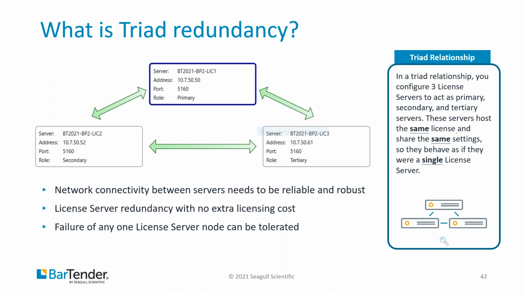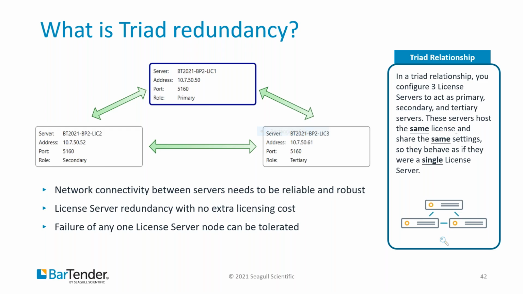Whereas with triad redundancy, because there needs to be active communication between each node of the triad, if you're relying on a wide area network for each license server of the triad to be in communication, it's susceptible to failure should that network go down.